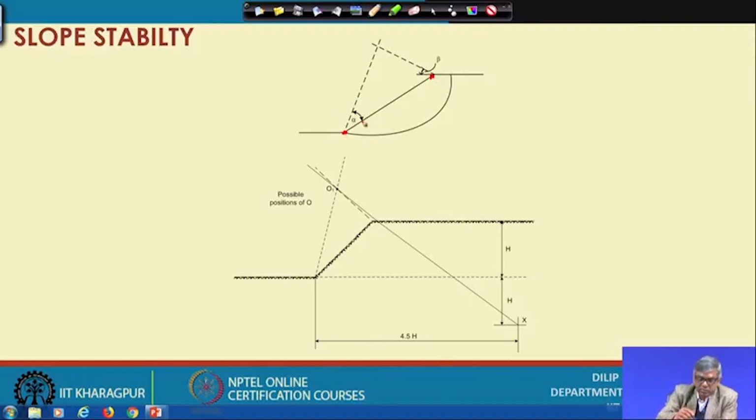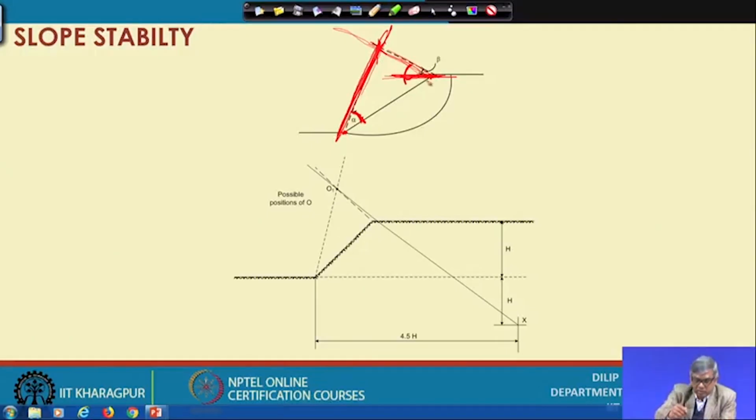From this point you draw a line with the sloping surface at an angle alpha, and again you draw another line with the horizontal passing through the end of the circle with angle beta. These two lines will definitely intersect at a particular point, and that intersecting point will be the center for most of the cohesive soil.